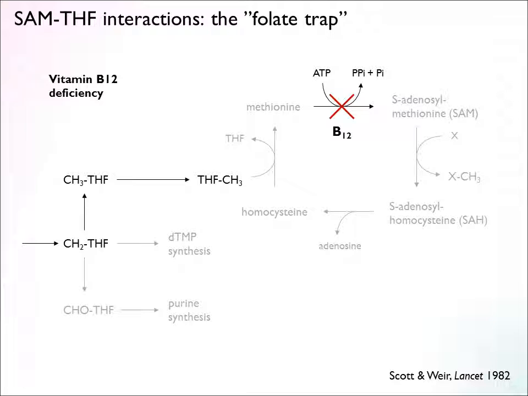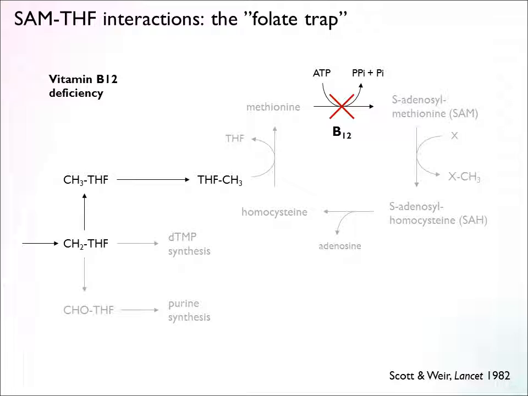Then this regulatory mechanism is activated so that one-carbon units are shuttled towards the methyl group. But because the SAM cycle is broken, it cannot turn as normal. These folate-bound methyl groups cannot enter the SAM cycle, and what happens then is that they accumulate in this form, or they are trapped in this form.